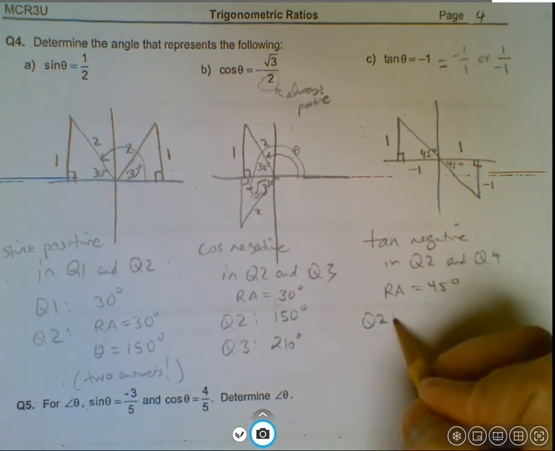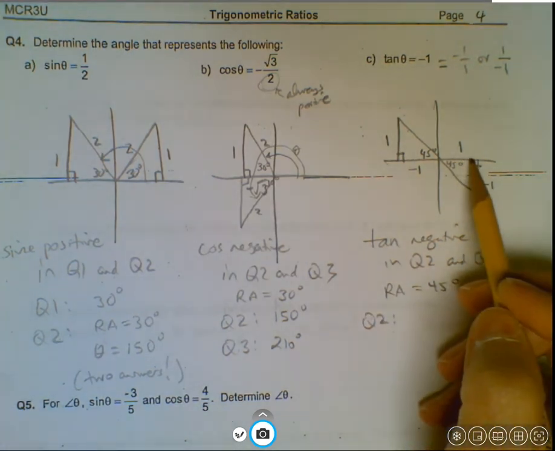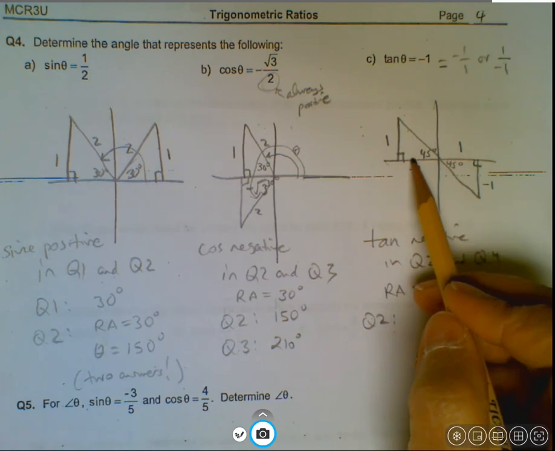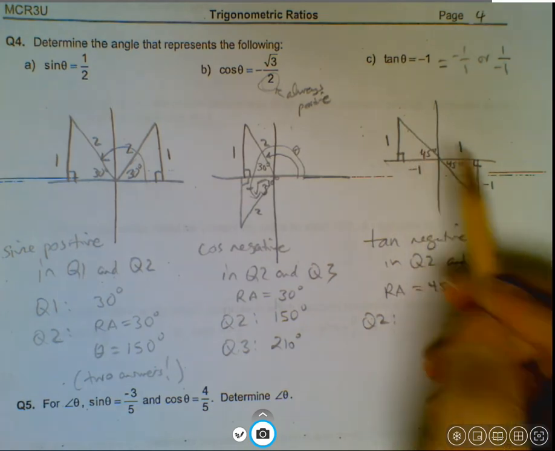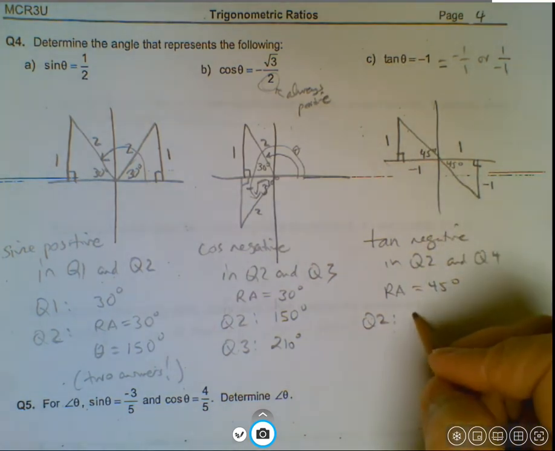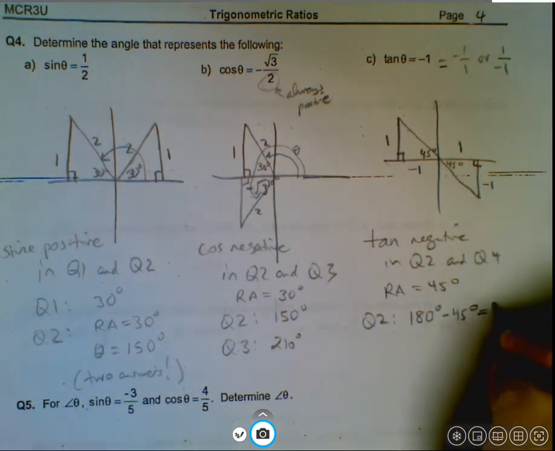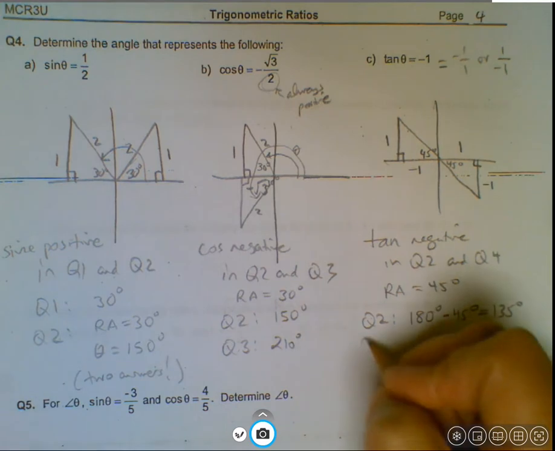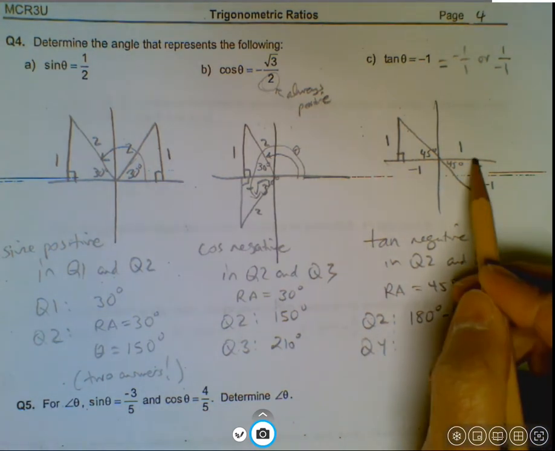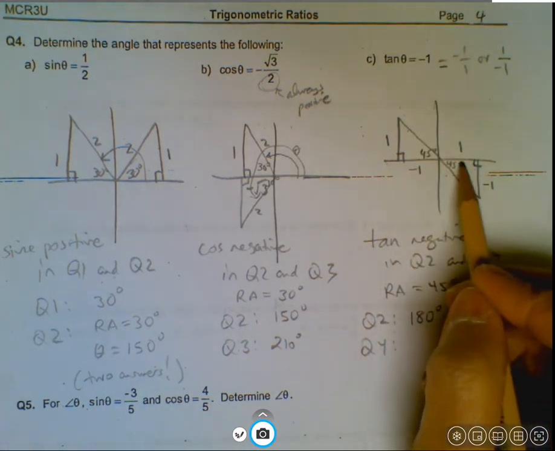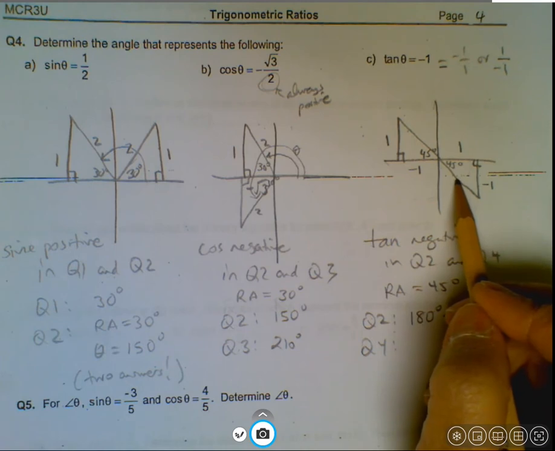So my quadrant 2 answer is going to be from 0, but not all the way to 180. It's 45 degrees less. So let me just do it this way. 180 minus 45 degrees. So that's 135. And in quadrant 4, I'm going to go all the way around to 360 except for 45 degrees.